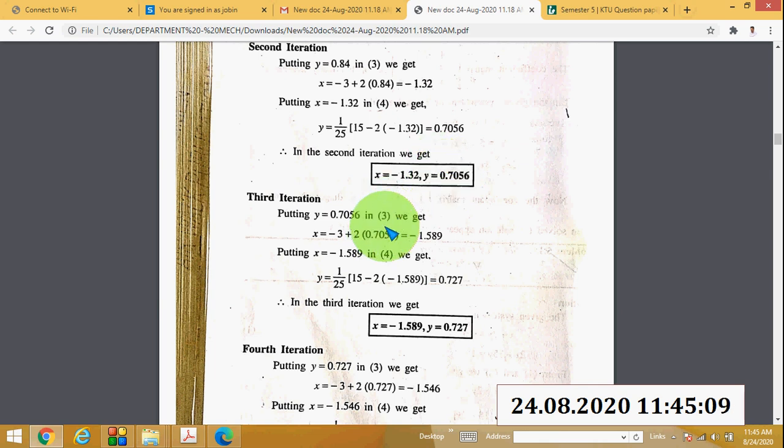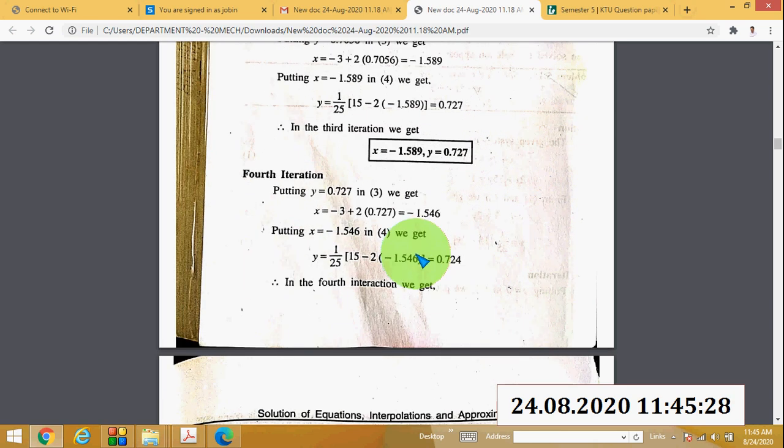You will get x is equal to minus 1.589. Substitute this x value in equation number 4. You will get 0.727. So after the third iteration, x equals minus 1.589 and y is equal to 0.727.